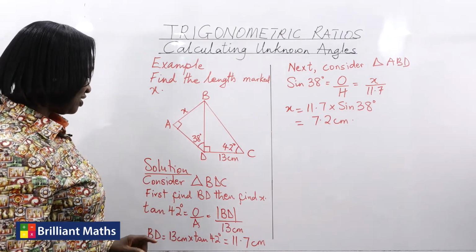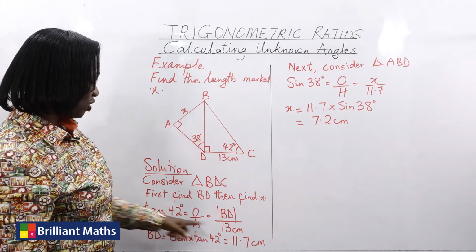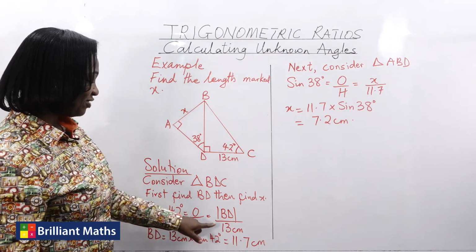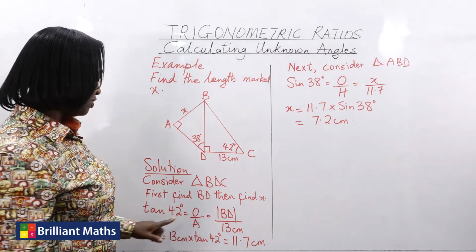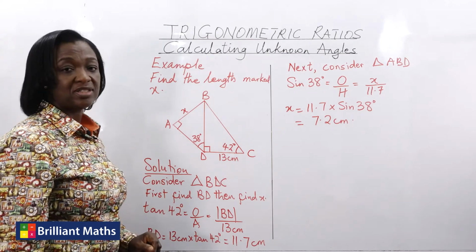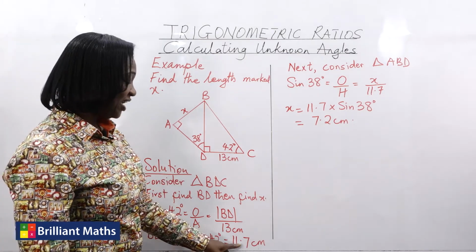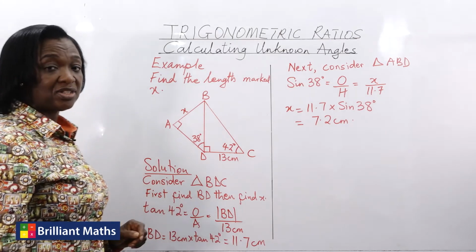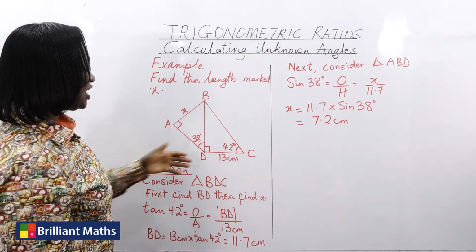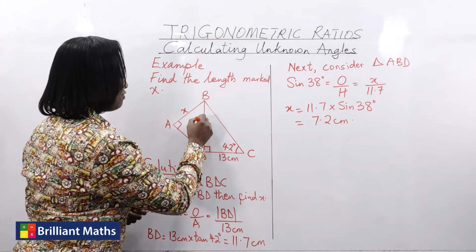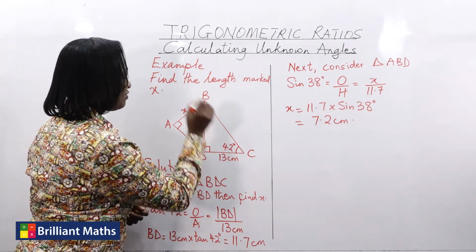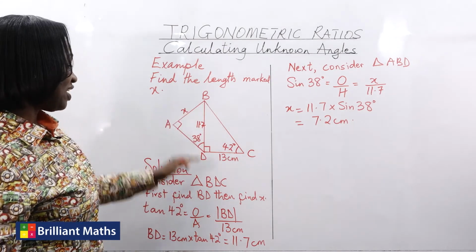So BD is equal to, we cross multiply, 13 centimeters times tan 42 degrees, and that gives us 11.7 centimeters. So line BD is 11.7.